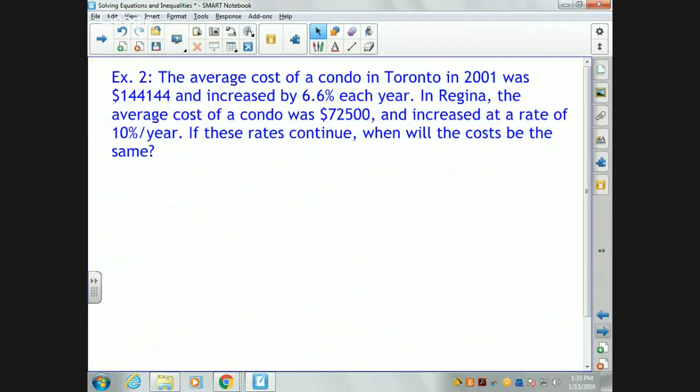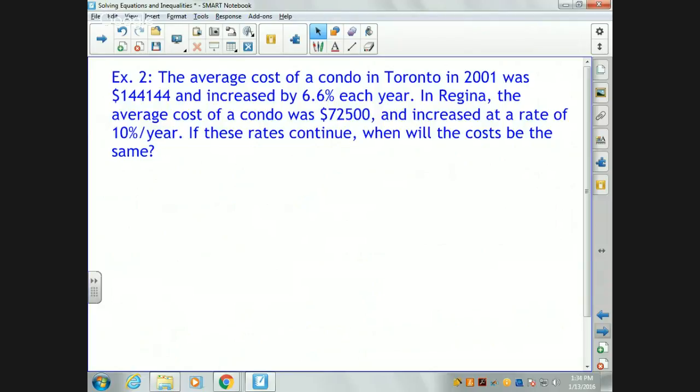But it increased at a rate of 10% per year instead of 6.6%. This did happen. There was a big housing boom in Regina. Prices were increasing quite quickly. Sorry, condos and houses.